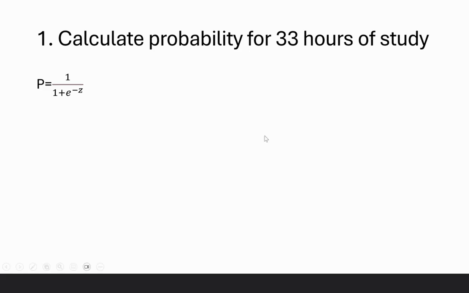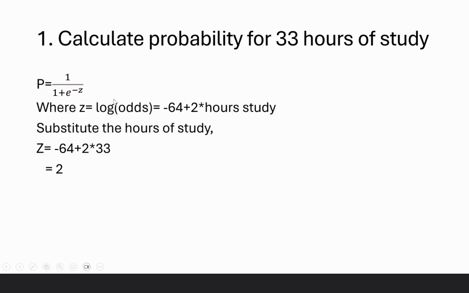The probability function is 1 / (1 + e^(-z)), where z represents the log of odds described in your problem, which is -64 + 2 × hours of study. The hours of study is given here; substitute the values and you will get the value of z. Then substitute the value of z in the probability function to obtain the probability.